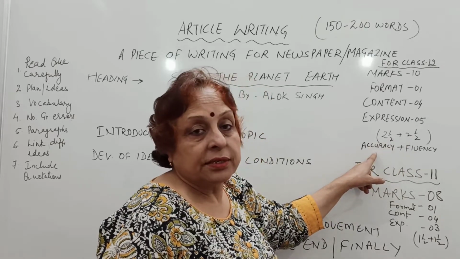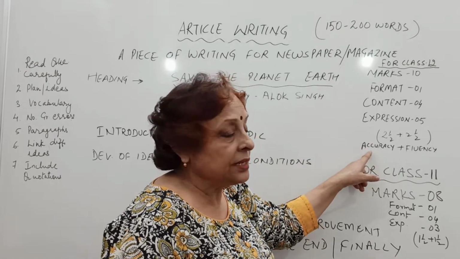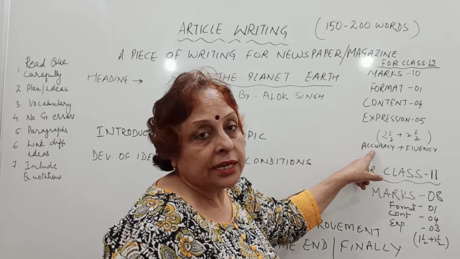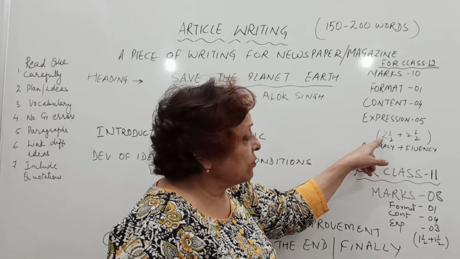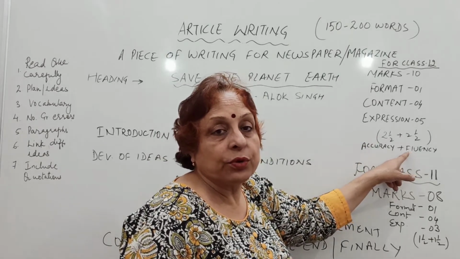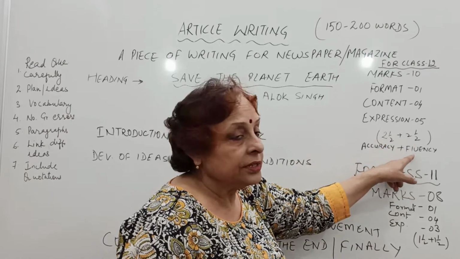Accuracy means from grammar point of view, sentence construction, spellings, etc. How accurately the article has been written. 2.5 marks are for that. Fluency means linking the ideas, flow of ideas, coherence. 2.5 marks are for that.